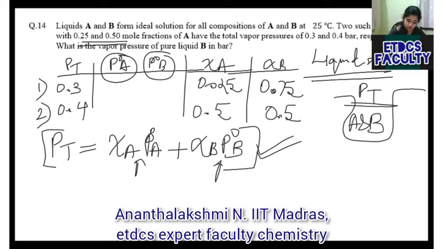So we have two equations and two variables, P naught A and P naught B. We can actually solve for them. I'll just write the equation and you can find it.